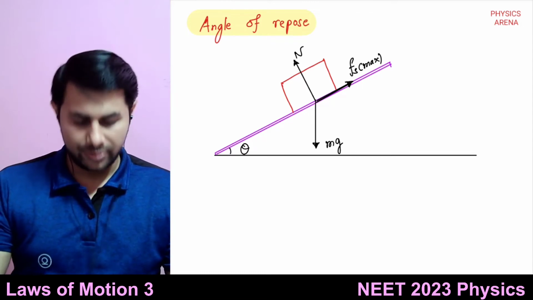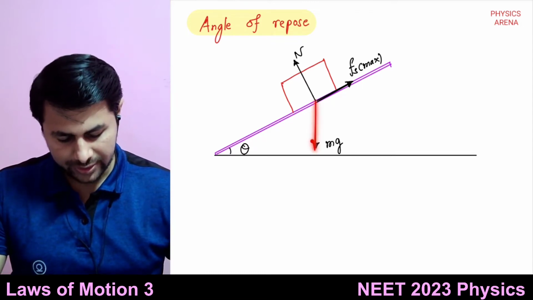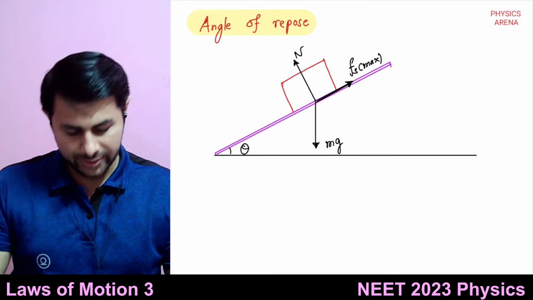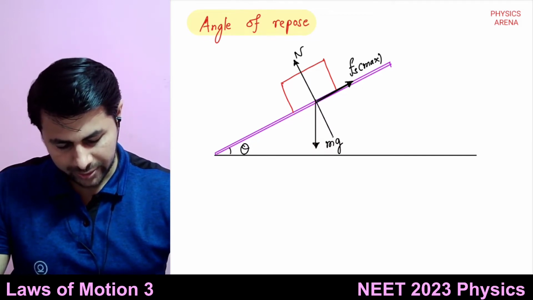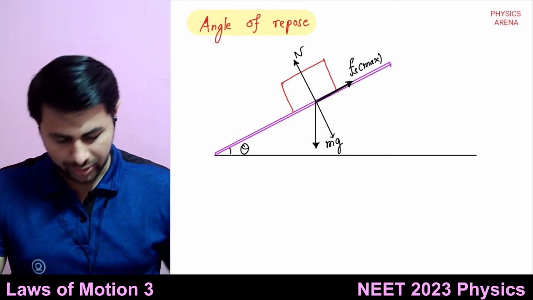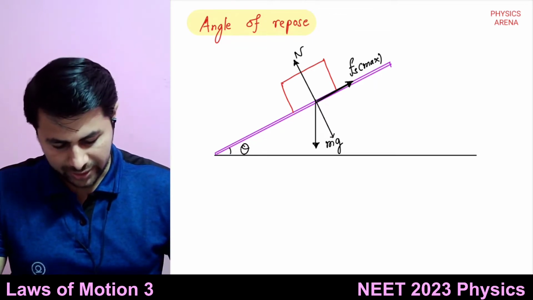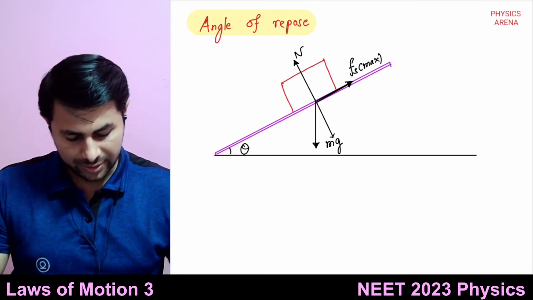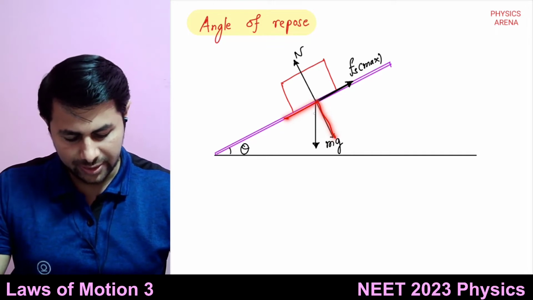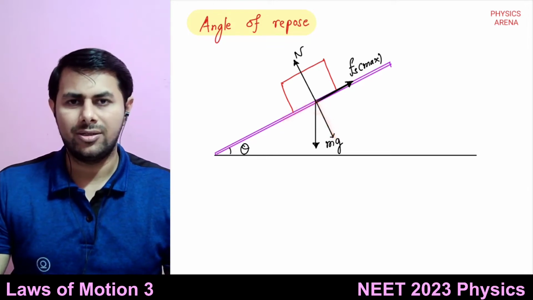Now what we can do is we can resolve this mg along two components. So one component will be what? Mg cos theta or sin theta. So see, this angle is theta, so this will be 90 minus theta, and this angle is 90 degrees. So that means this angle will be theta.